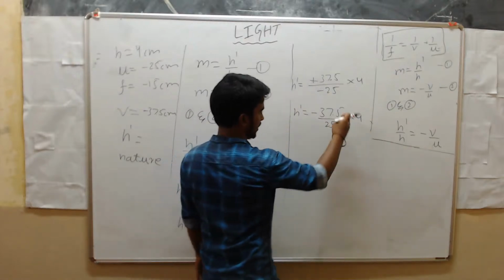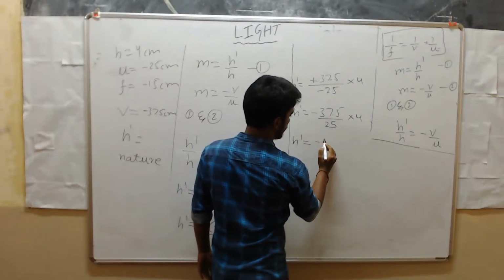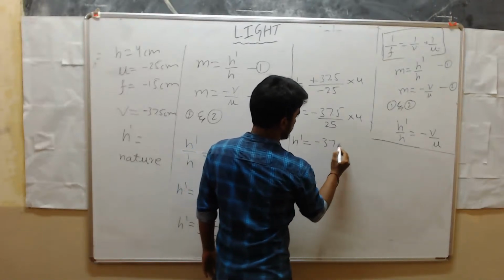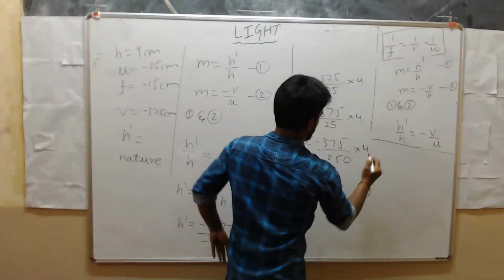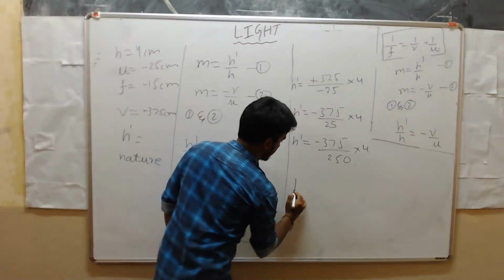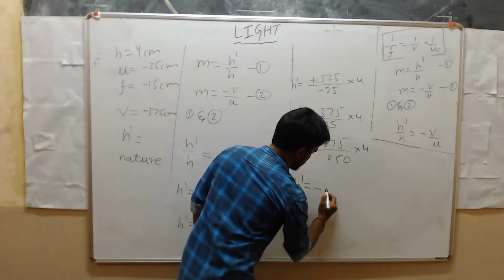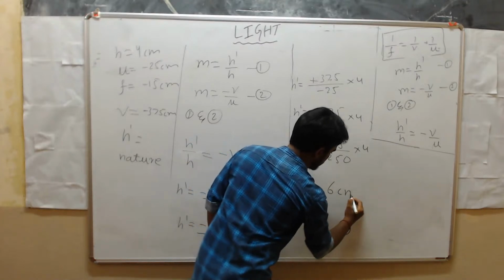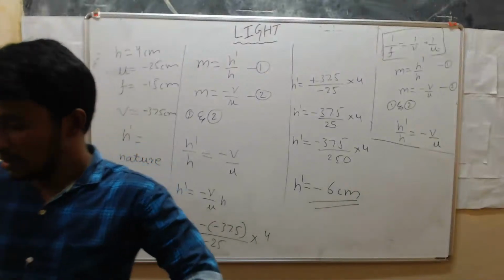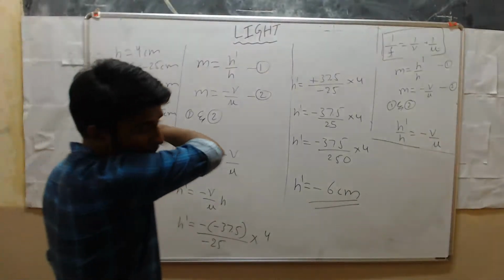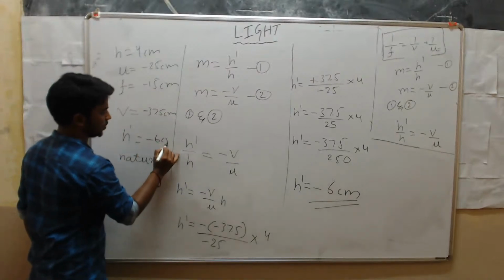Multiply by 10 and divide by 10, then you will get minus 375 divided by 250 into 4. Simplify this and finally you will get h dash equal to minus 6 centimeter. So here h dash is minus 6 centimeter.